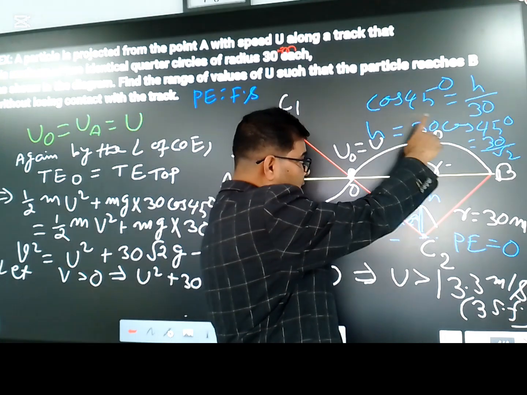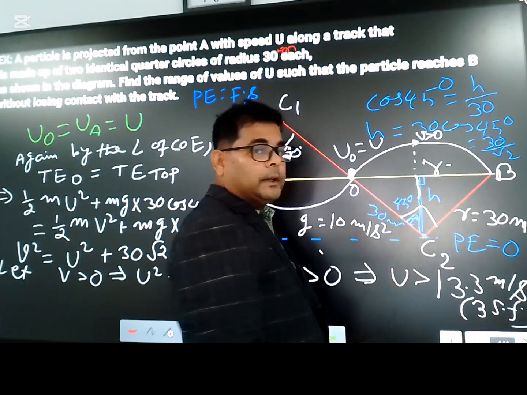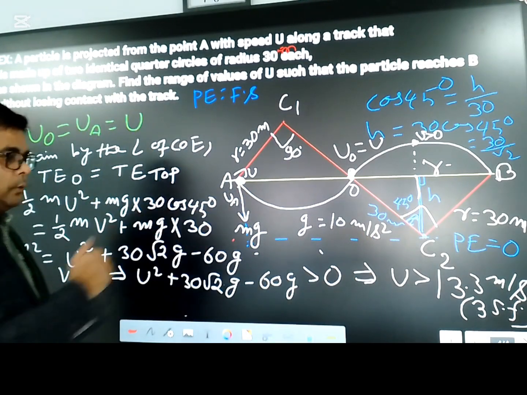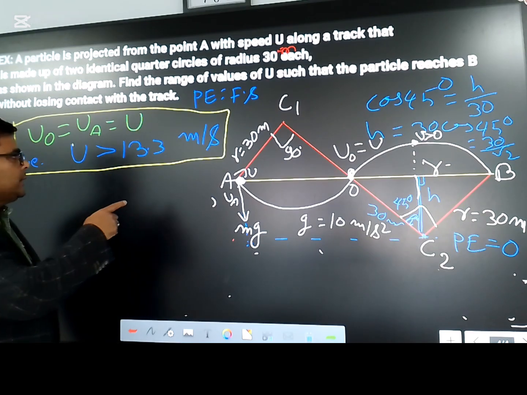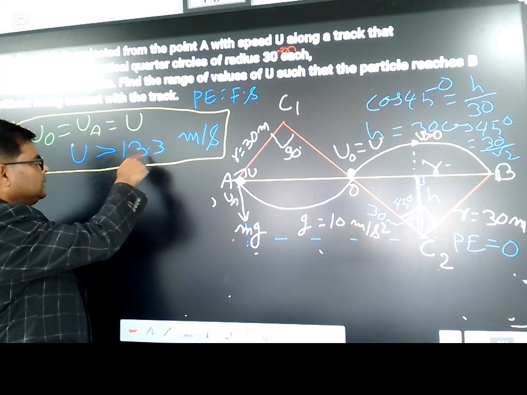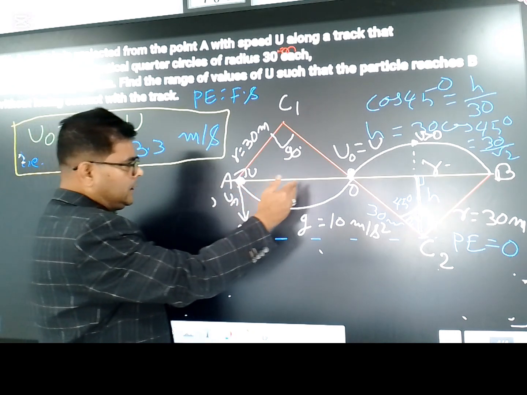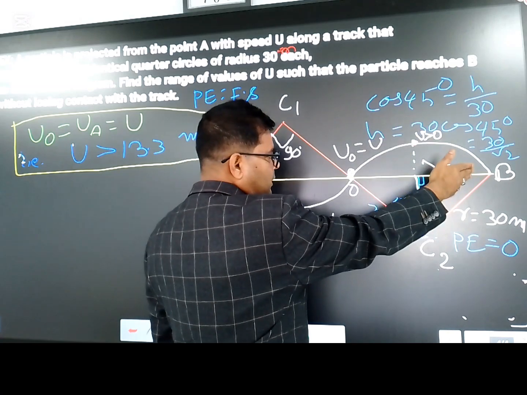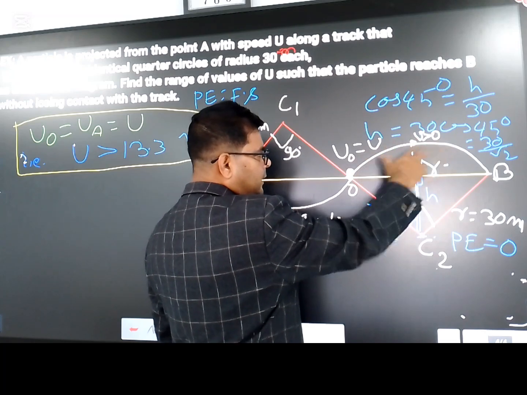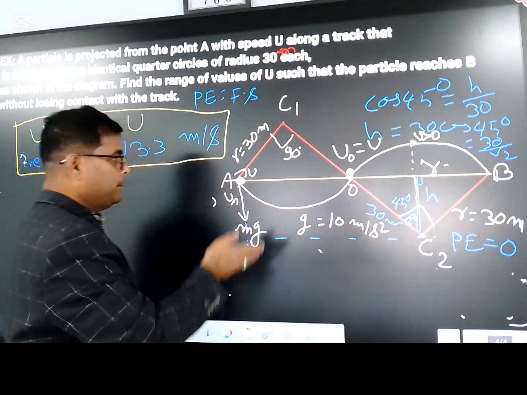Only then will the body complete the motion, otherwise it doesn't complete the motion up to B. So note it down. The projection speed must be bigger than 13.3 in order that the body completes this motion up to B through this track without losing contact with the quarter circular path from outside.